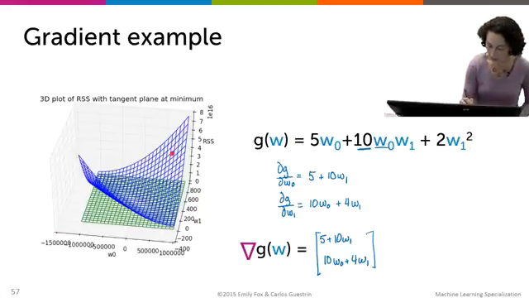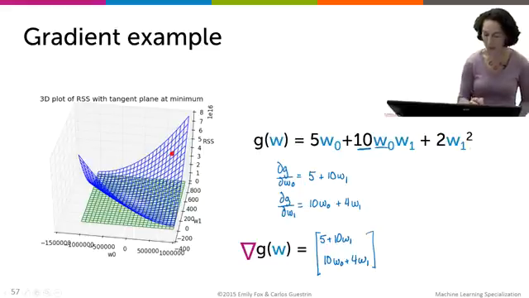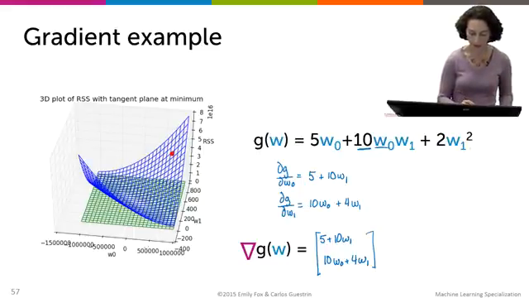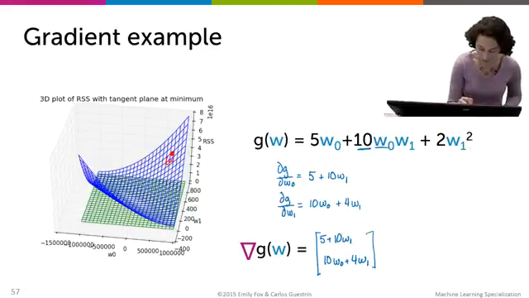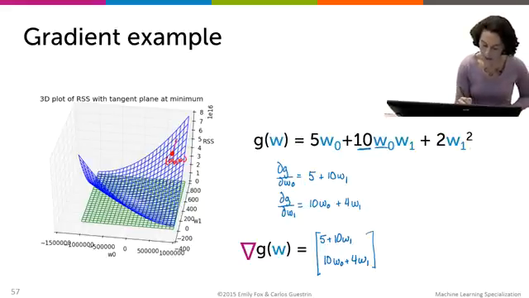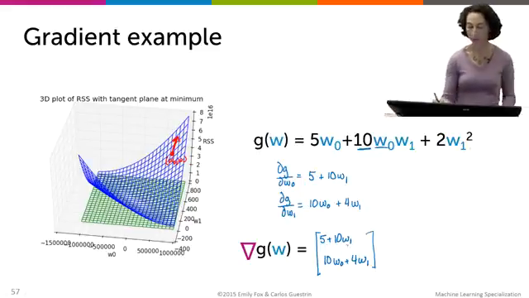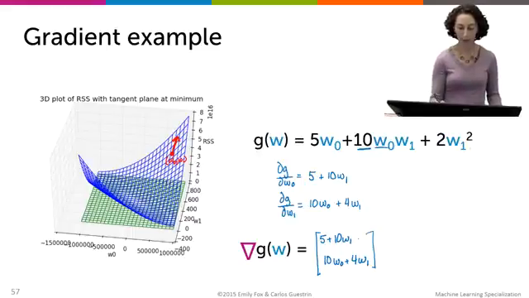If I want to look at the gradient at any point on this surface, I'm just going to plug in whatever the w1 and w0 values are at this point. So there's some w0, w1 value, and I'm going to compute the gradient. It'll be some vector: just some number in the first component, some number in the second component, and that forms some vector.